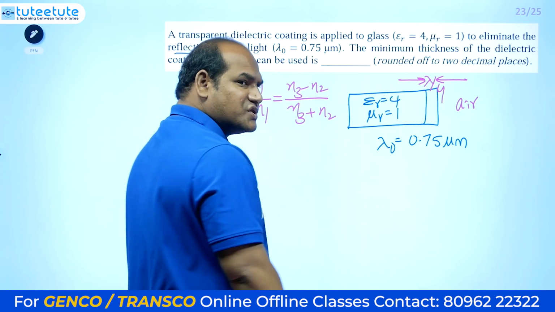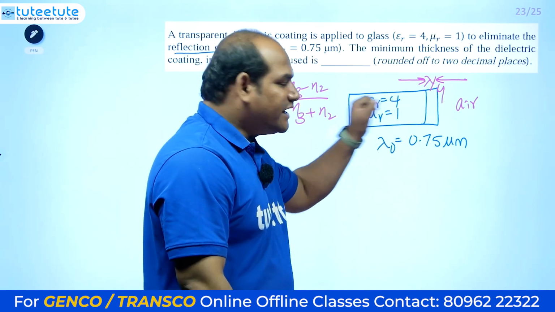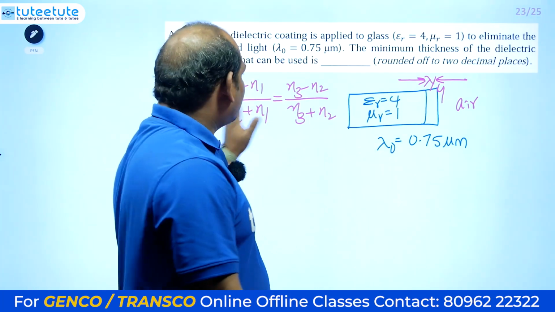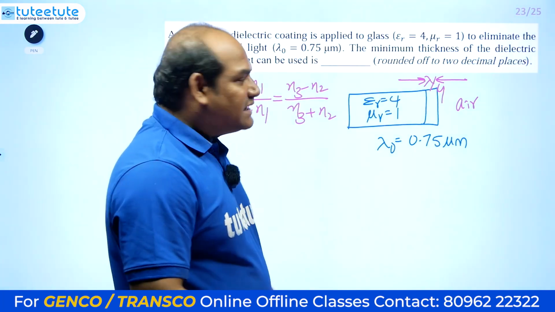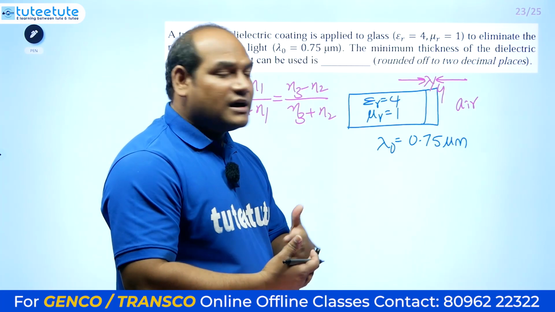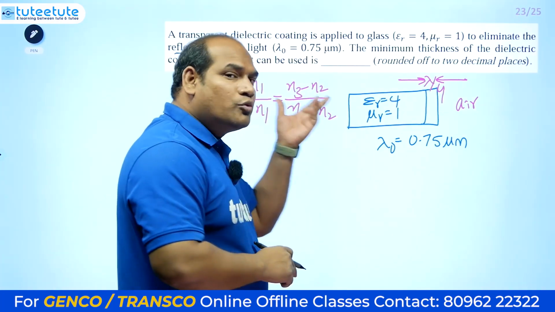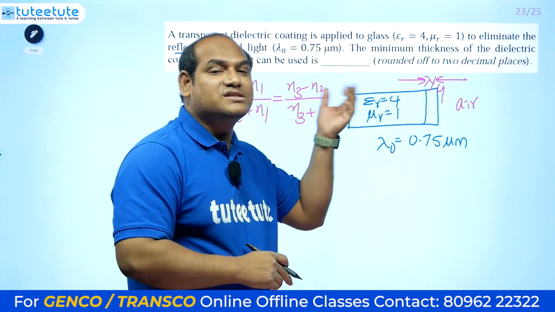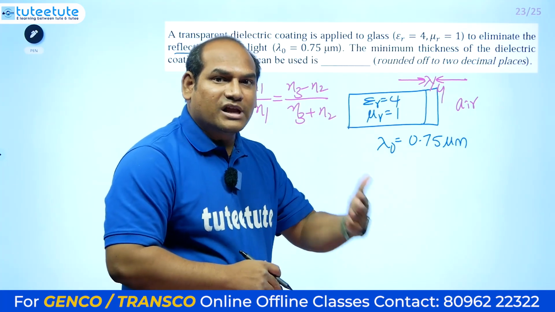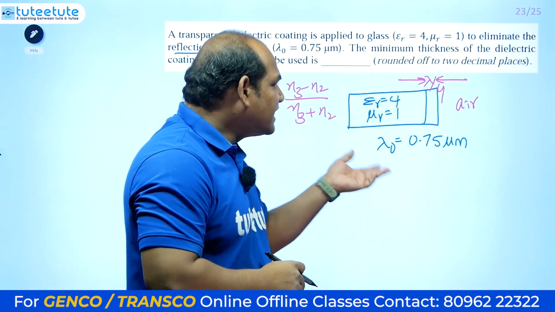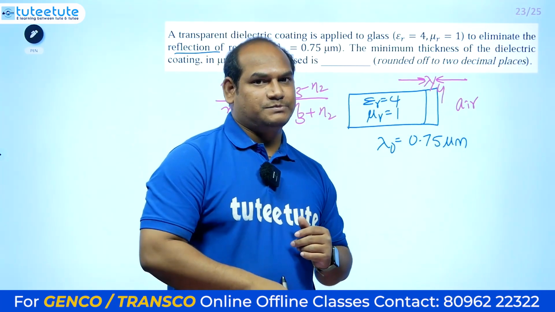The first is the reflection coefficient related to media 1 and 2, the second related to 2 and 3. When we equate like this, we get the relation among these things. We need to make the reflection coefficient numerator equal to 0. From that you get the thickness equal to lambda by 4. That is the logic you need to apply.